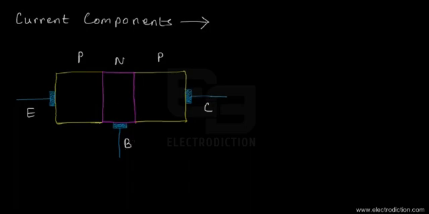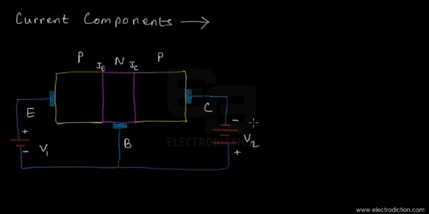Okay, so now if you all would just take note that since we're forward biasing the junction between the emitter and the base terminals, which we would refer to as the emitter junction JE, and reverse biasing the collector base junction, which we would obviously refer to as JC, in that case we're going to connect the voltage sources, that's V1 and V2 respectively, in this manner.